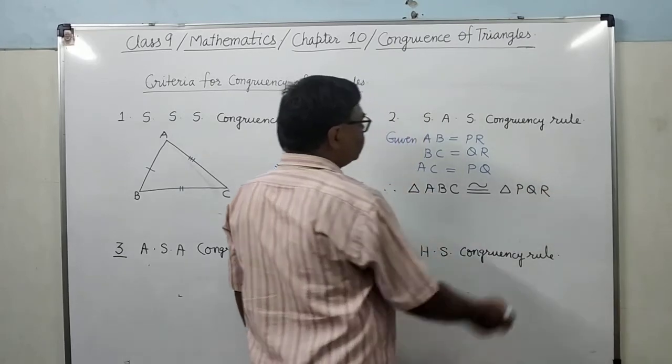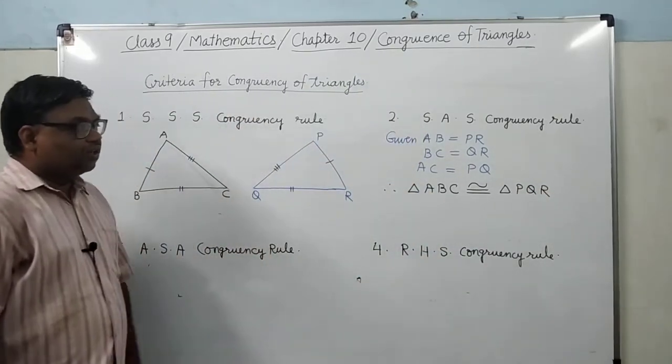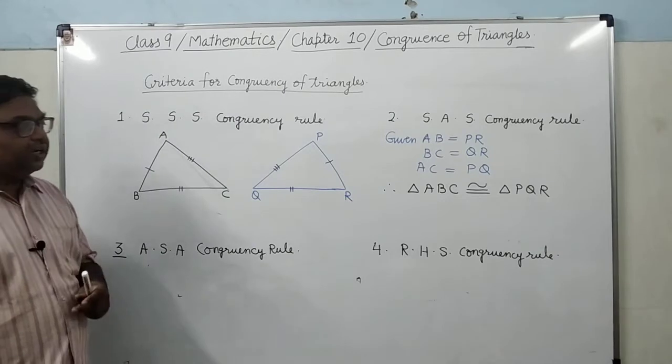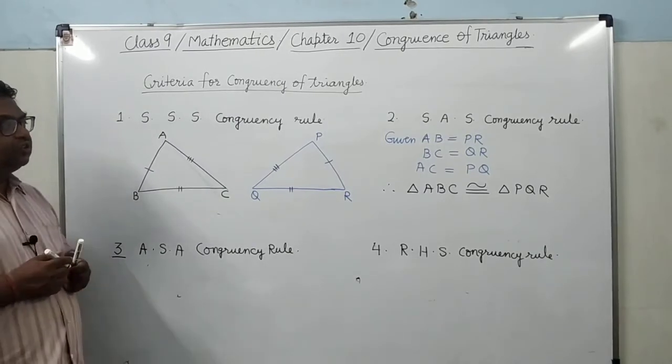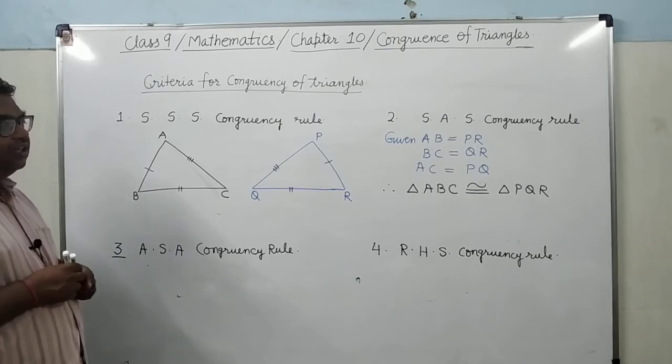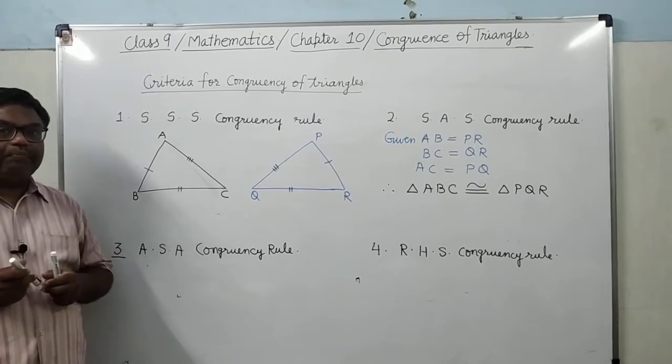You can see here, the upper sign is of similarity and the lower sign is of equality. So triangle ABC is congruent to triangle PQR.